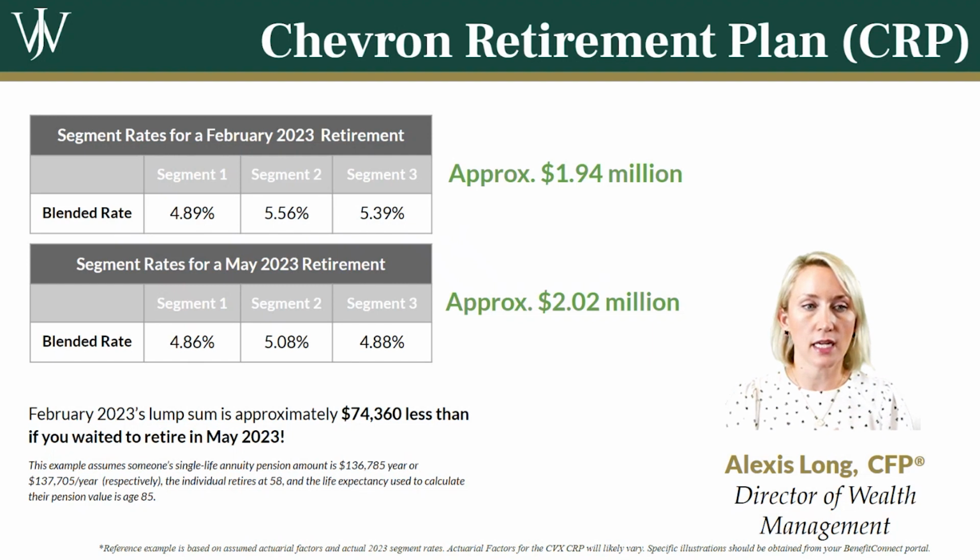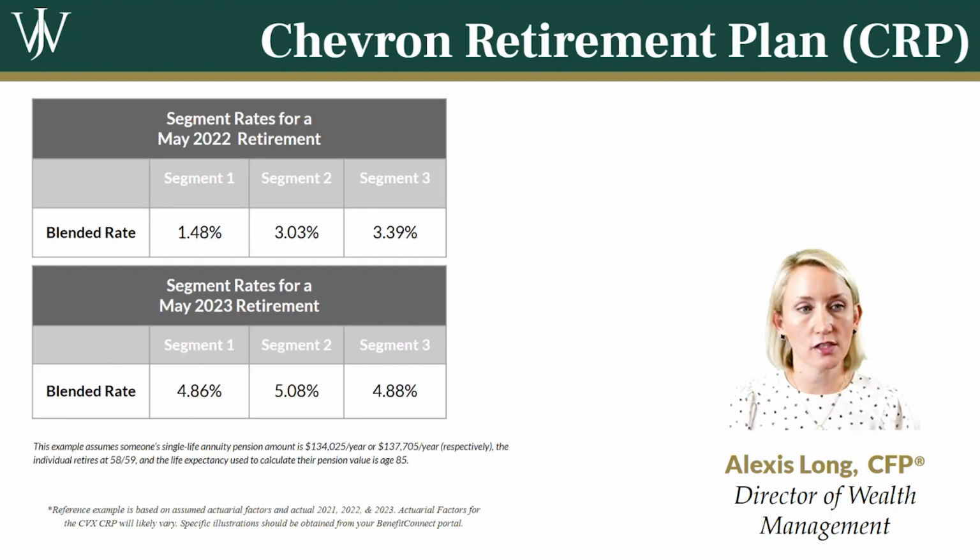And that is an increase of over $74,000 in the lump sum pension just to wait 3 months to take the lump sum out of the pension plan. That's just in 3 months. So just waiting and seeing where interest rates go, and if they go down slightly, can have a major impact on your pension lump sum calculation.